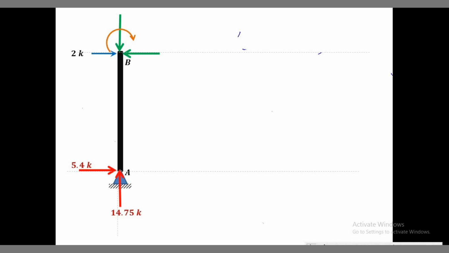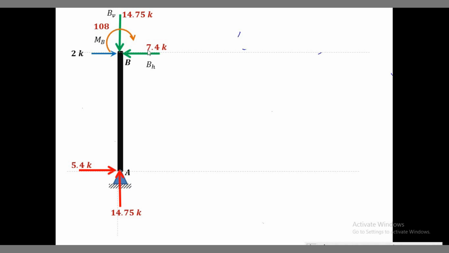Yan. So, hindi ko na isa-isahin. If I take summation of forces along the x and y axis at saka yung summation of moments, makakakuha ako ng value ni BH, BV at saka ni MB. So, these are the values: 7.4, 14.75 kips, and 108 kip-feet.